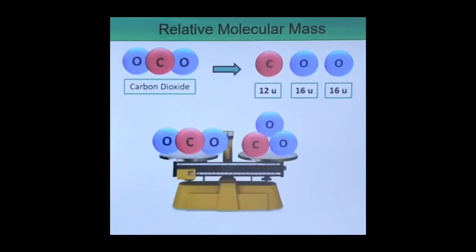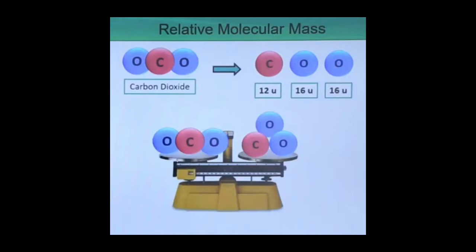For example, let's take a carbon dioxide molecule, that is CO2. Carbon dioxide molecule has one carbon and two oxygen atoms.